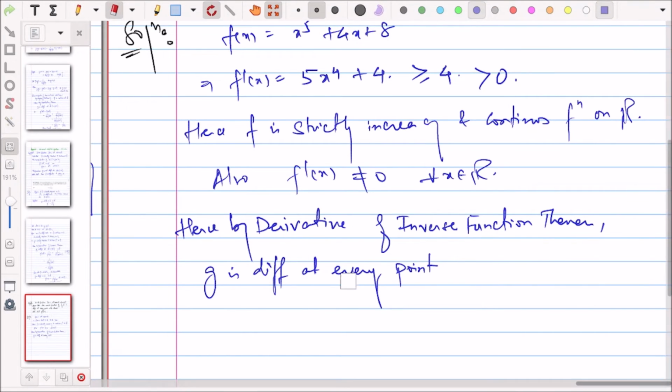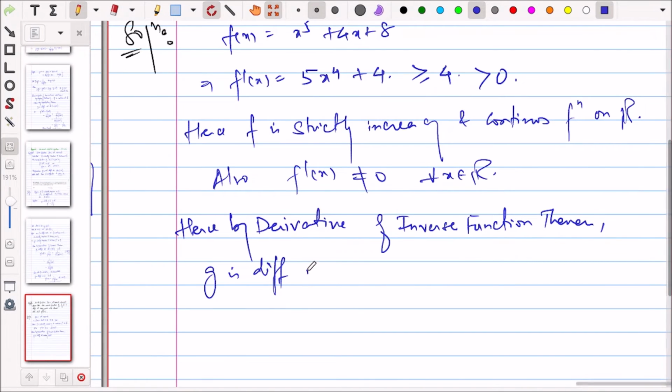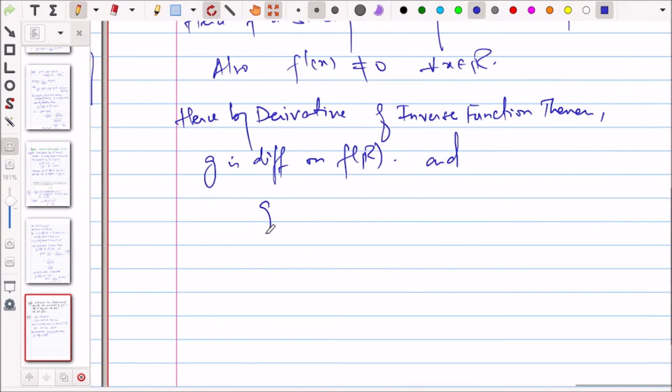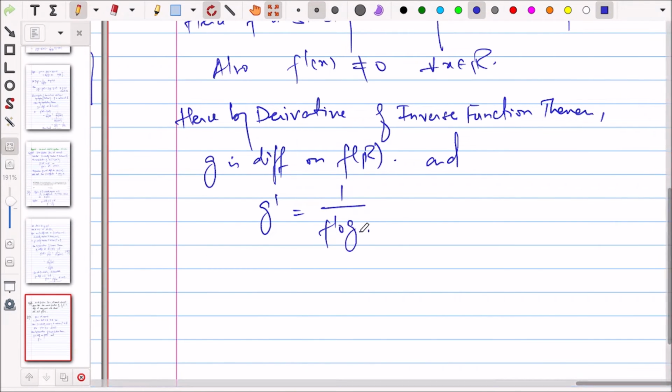Yes, g is differentiable on f of R. That will be the domain of g. And g dash is equal to 1 by f dash of g. Is it fine? Yes.